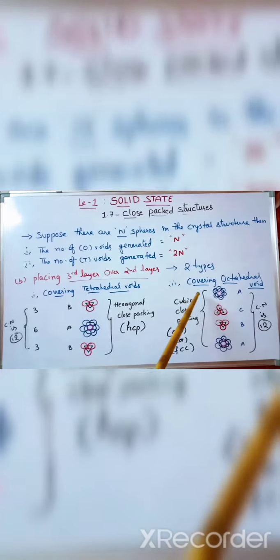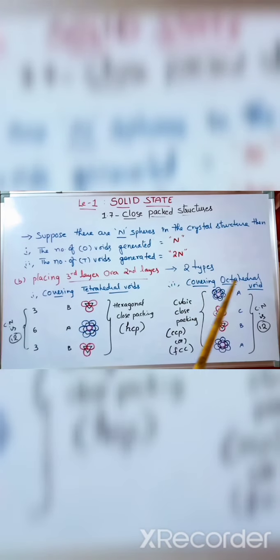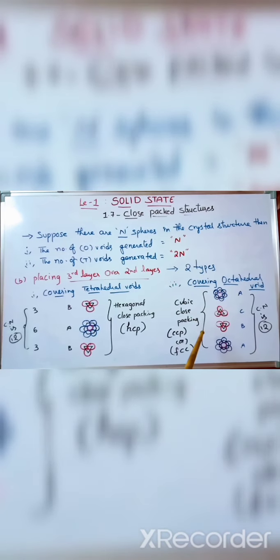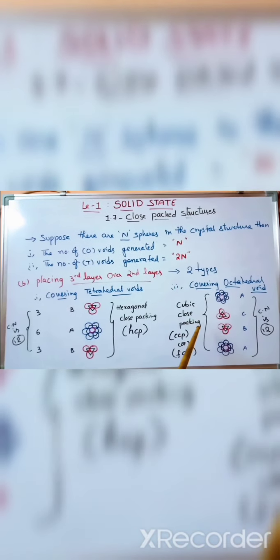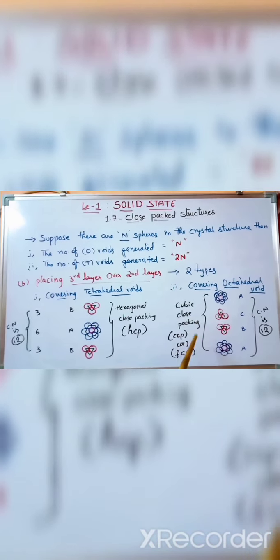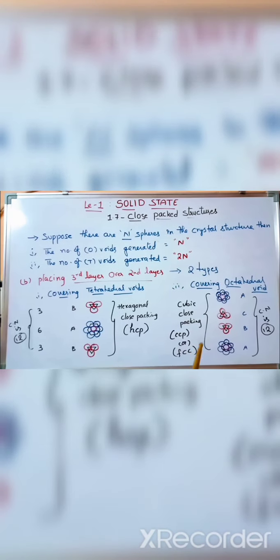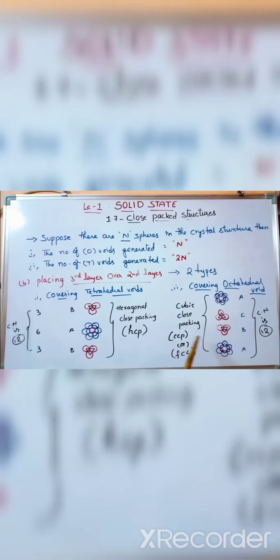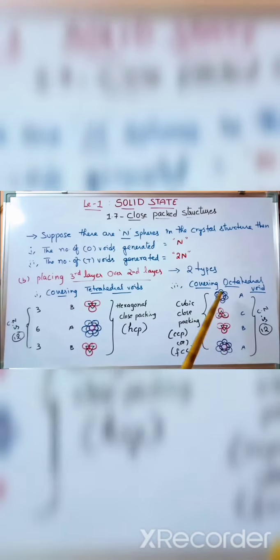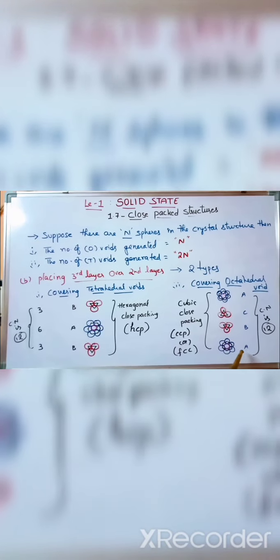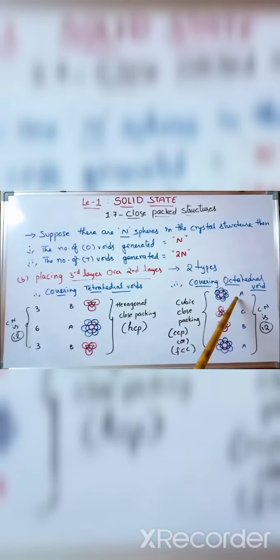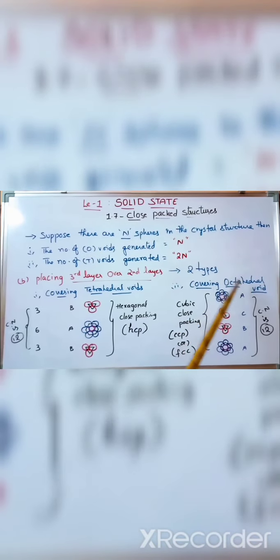The next one is covering octahedral voids. In this case, the second layer is covered by placing the third layer over the octahedral voids. On doing so, the spheres of the third layer are not aligned with the spheres of either the first layer or the second layer, so they are not the same. What type of pattern will we get? A, B, C, and again A, B, C. Like that the pattern goes on.